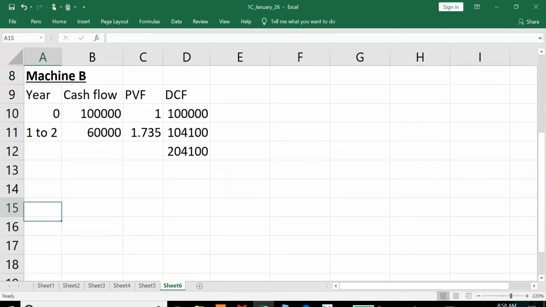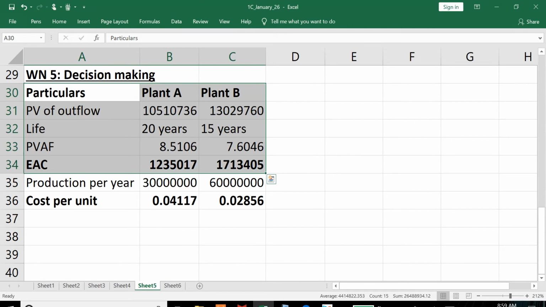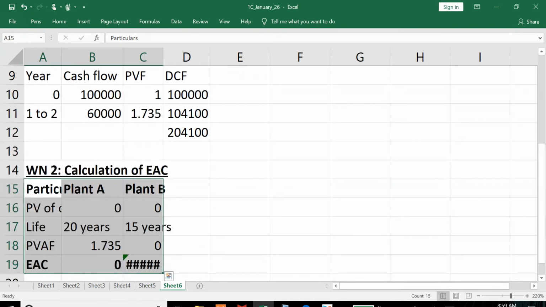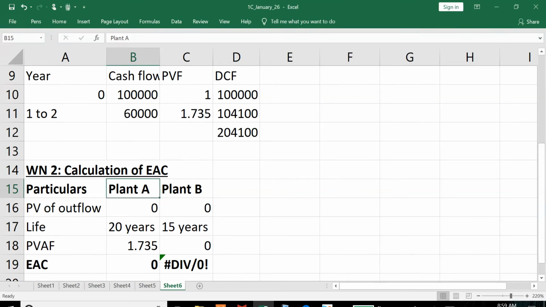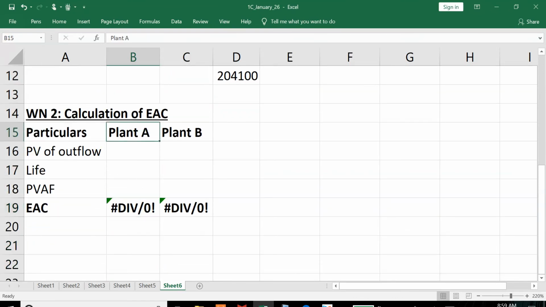Working note 2, the life is not same, so I'll have to make the decision. To make the decision, calculation of equated annual cost.